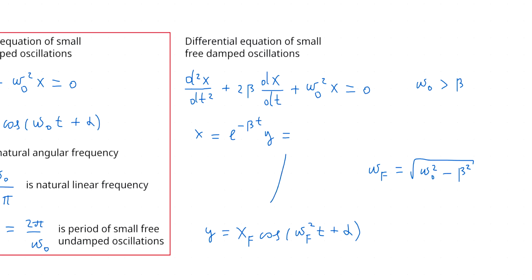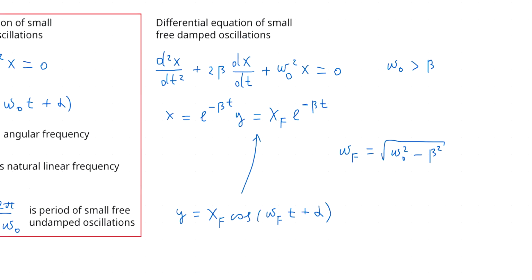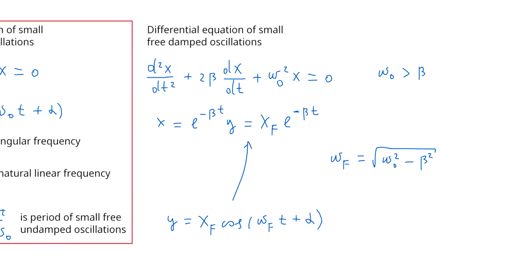And after substitution, after using this here, we will obtain x_f e to the power of minus beta t cosine omega_f t plus alpha.